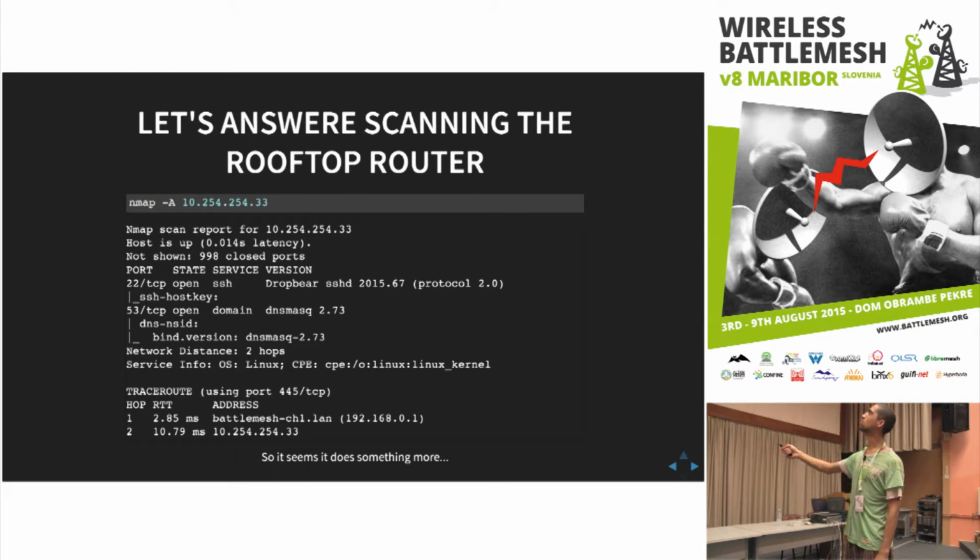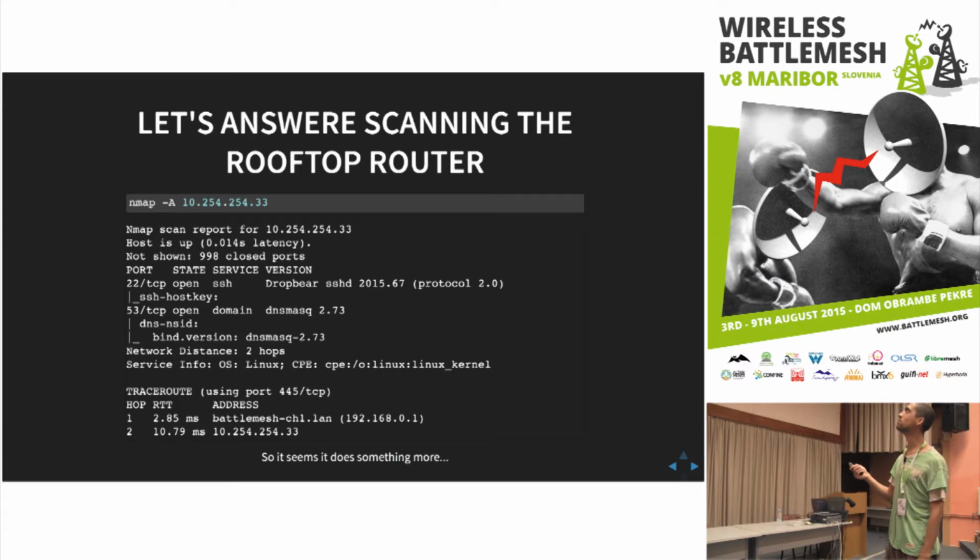Port 22, obviously SSH, but it doesn't associate SSH to 22 just because of the number. It is doing some more advanced stuff. It says it's Dropbear SSH, the version, and other stuff like that.